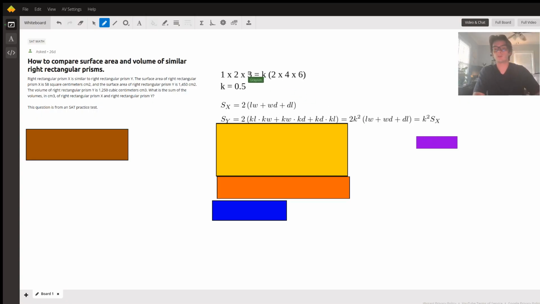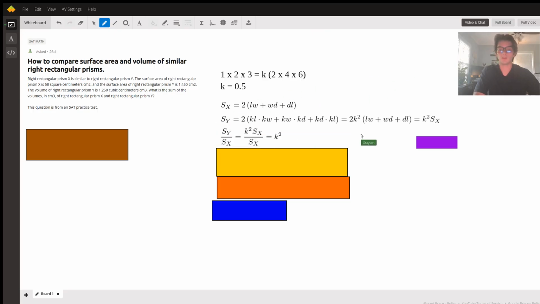So in this case, it's not just k by itself, it's k squared, and that's how we're going to relate these surface areas. And because we're solving for this k value, k squared times Sx divided by Sx equals Sy divided by Sx, which is going to equal this k squared value.